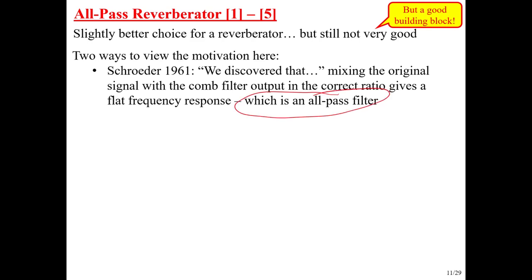Now, I think he does literally say that, but here's my guess. He was just playing around with this, trying to figure this out. And we already know that he was thinking about mixing the room reverberation with a direct signal. So that's what he's doing here, mixing the original signal with the comb filter output.